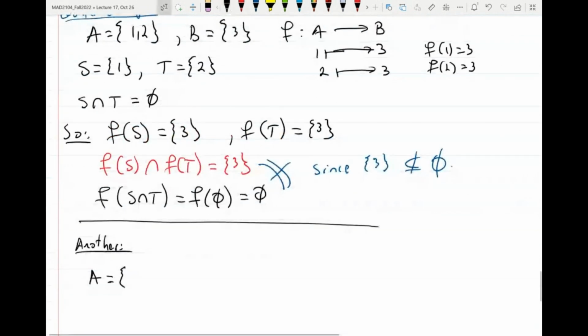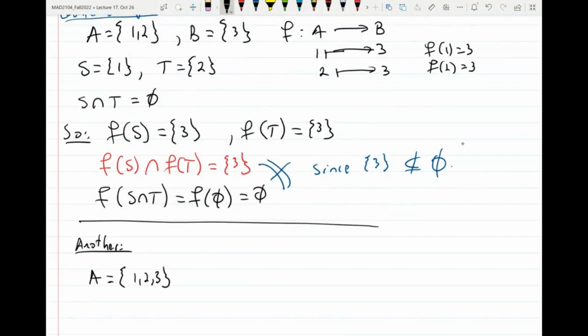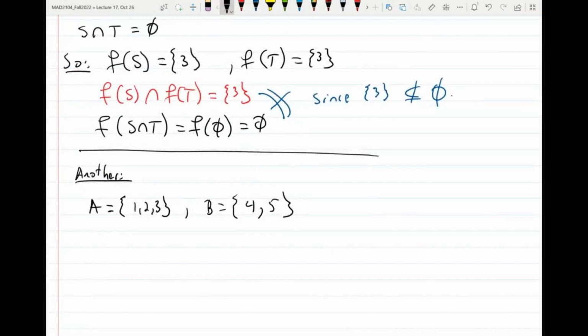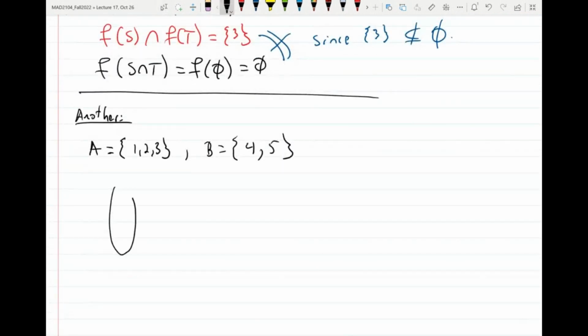So let's do A being 1, 2, 3, and B doesn't really matter. Let's do here 4 and 5, and it's better to just have a picture.